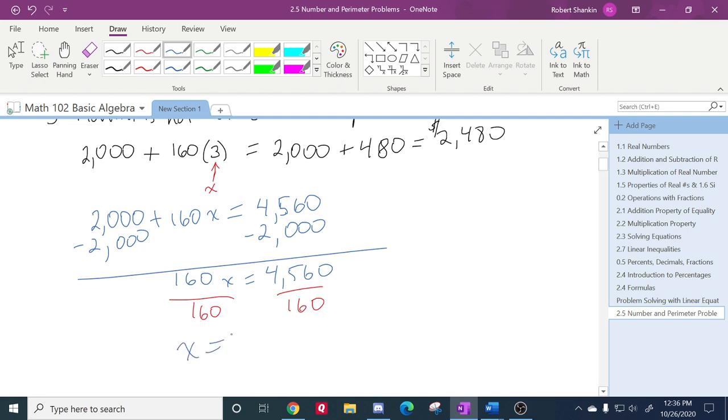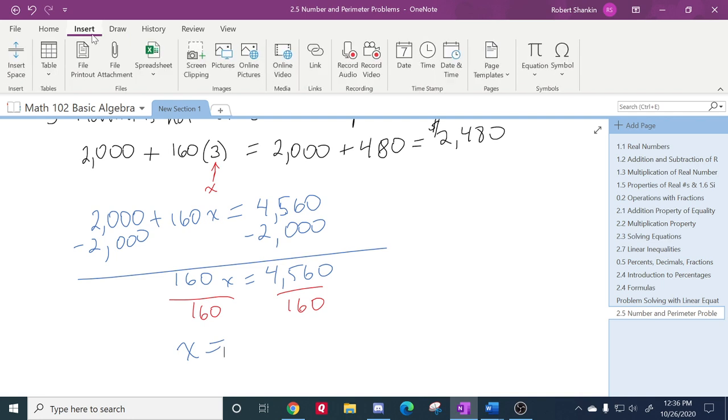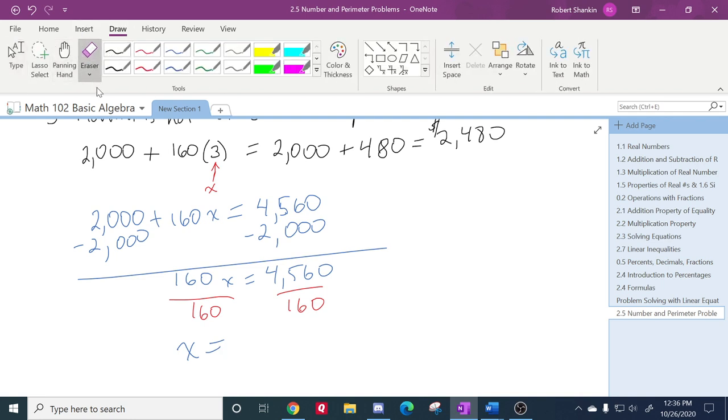I'm going to pull out my calculator. Oh, sorry, sir. Wouldn't that be 2,560? Oh, yeah, that would be correct. All right. You guys are saving me. 2,560 divided by 160, and I get 16.